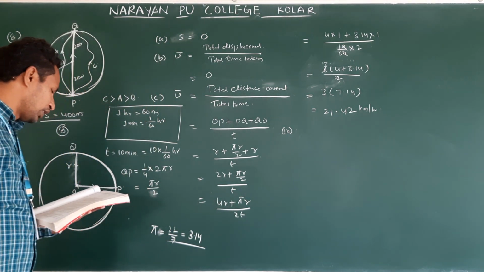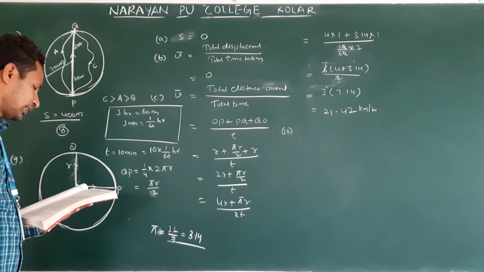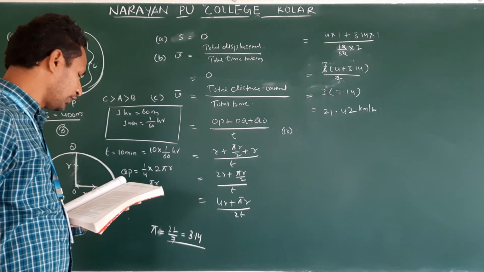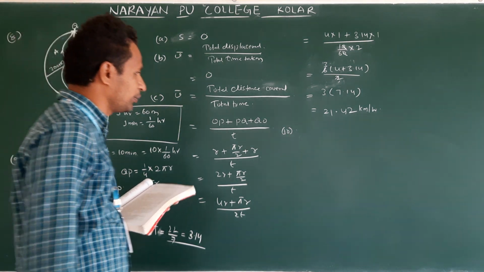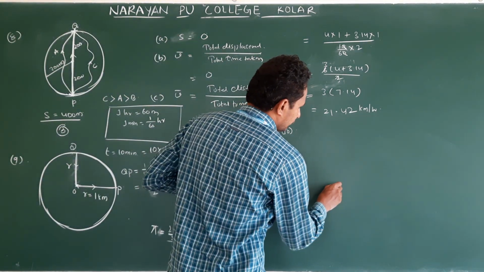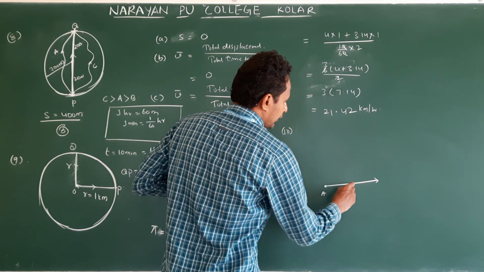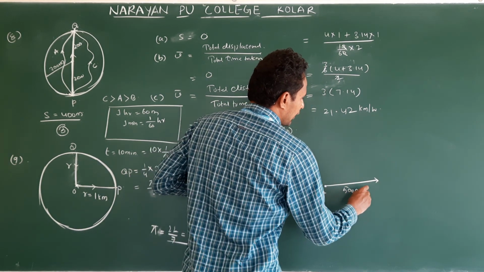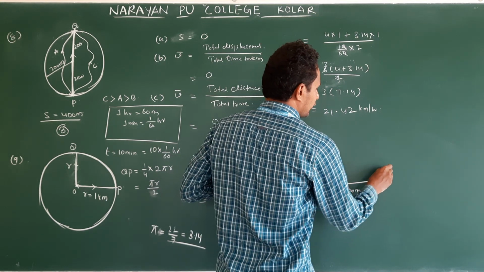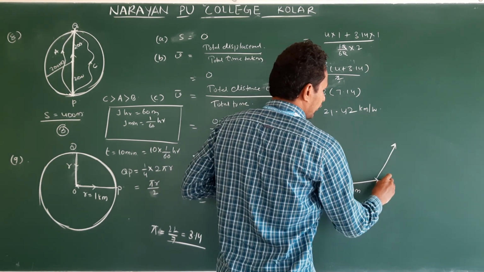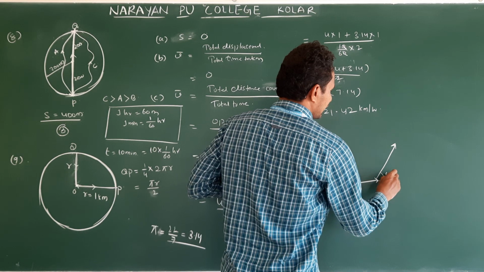On an open ground, a motorist follows a track that turns left by an angle of 60 degrees after every 50 meters. Starting, let us say, at A, he travels 50 meters and turns. What is the turn? A 60 degree turn.